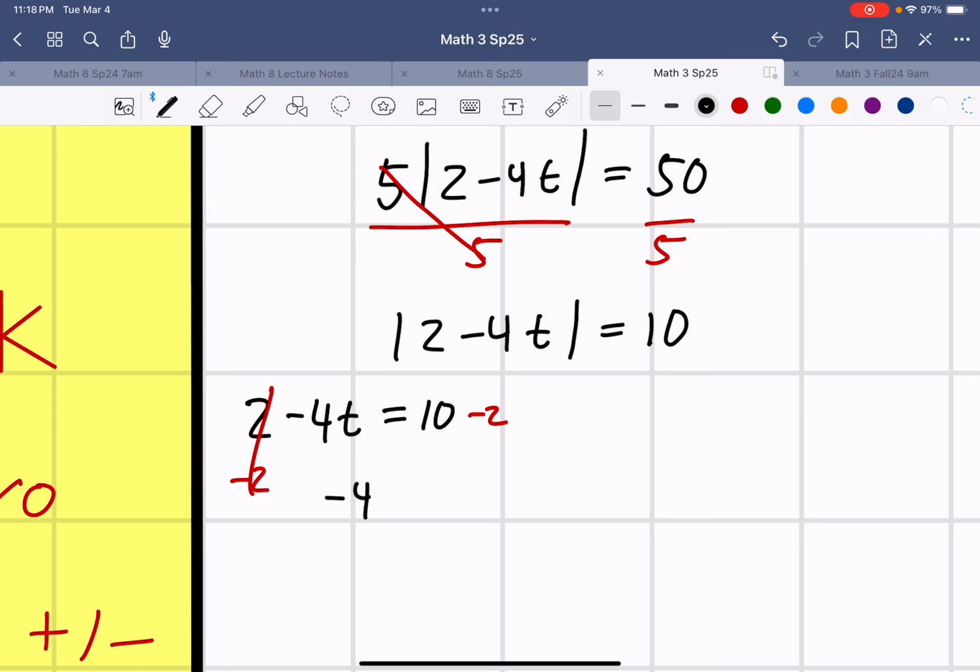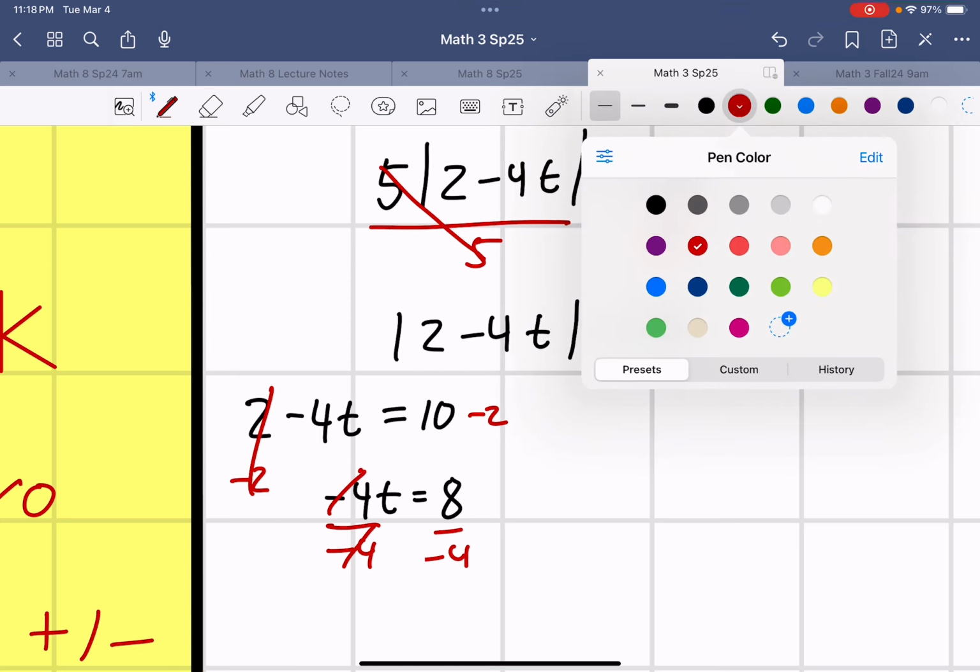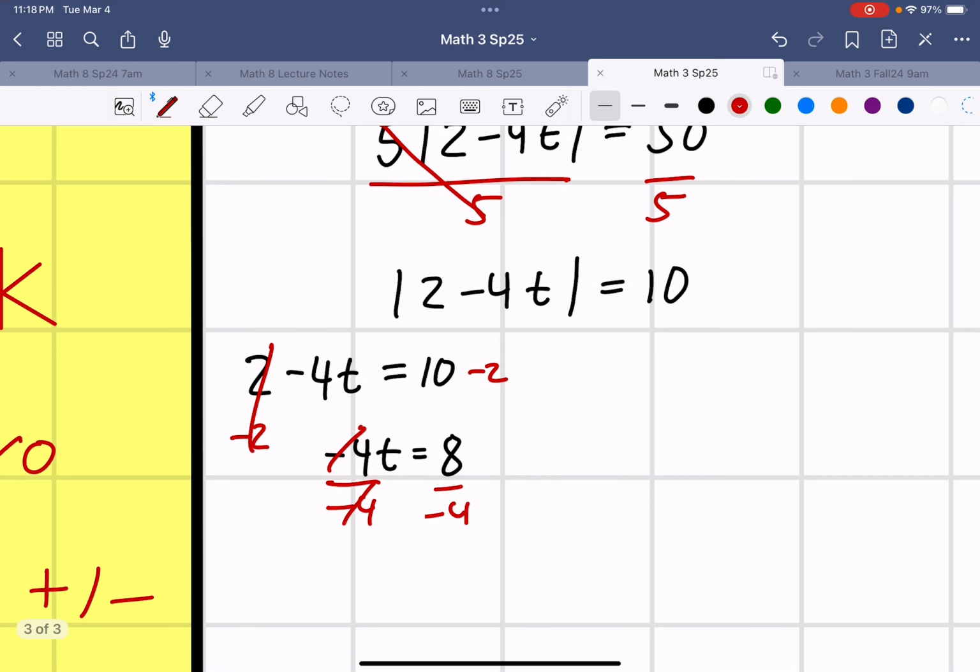That leaves me with negative 4t equals 8. Divide both sides by negative 4. And then I'm left with t is equal to negative 2.